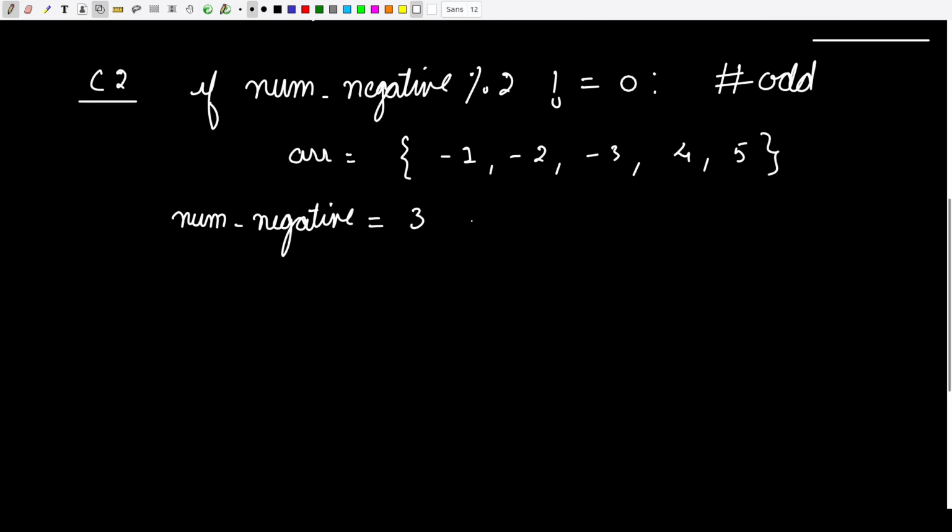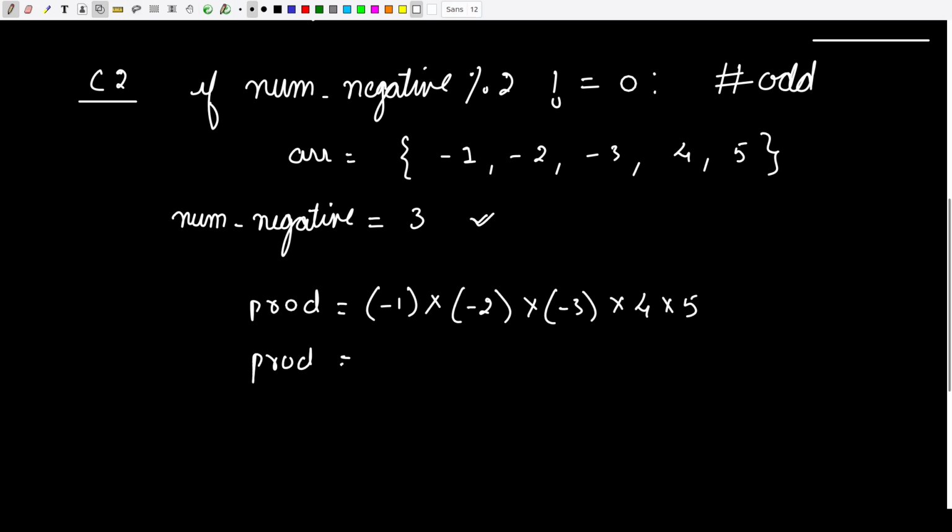So over here if we see number of negative is equals to 3, and the product which we will obtain is this product which is equals to -120. Now what we are going to do is from the negative pool, so from the negative numbers, so these are the negative numbers, we are going to compute the maximum or the largest negative number.